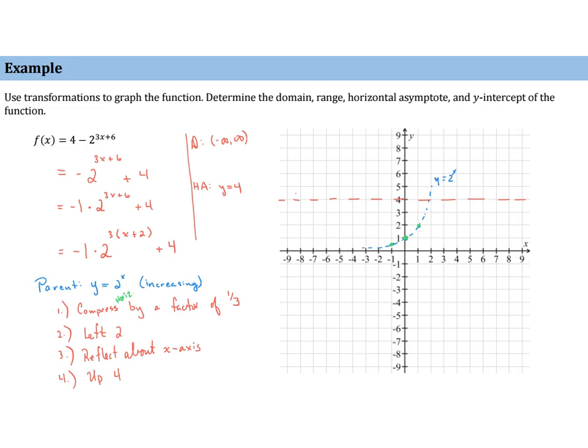So compressing this point horizontally toward the y-axis does not change it. Then we move it left 2. Then we will reflect it about the x-axis. And then we will move it up 4. So we will land at negative 2, 3.